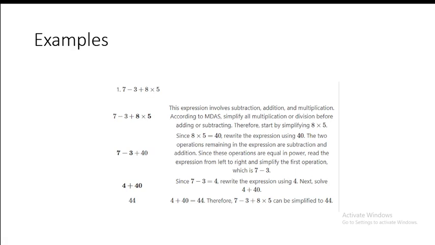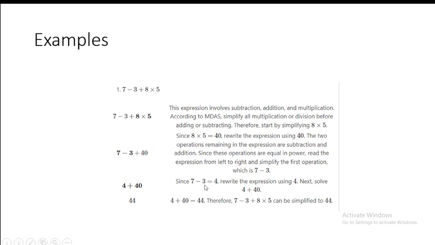Then we write the expression using 40 here. 7 minus 3 plus 40. Then since these operations are equal in power, we say that subtraction and addition are of the same power. So we read from the left to the right and simplify the first operation, which is 7 minus 3.